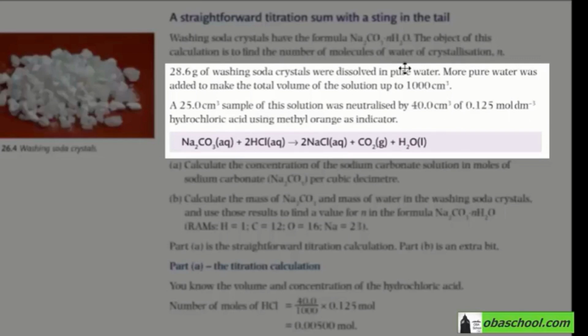So we took 25 centimeter cubed from the solution and they were neutralized by hydrochloric acid, which has a volume of 40 centimeter cubed and a concentration of 0.125 moles per decimeter cubed, using methyl orange as an indicator.